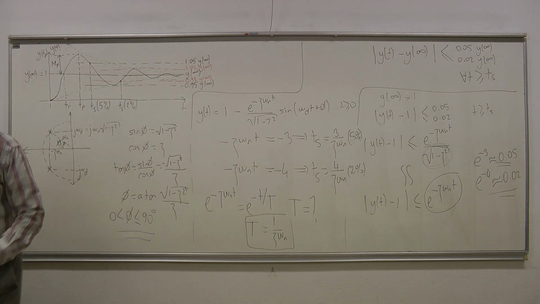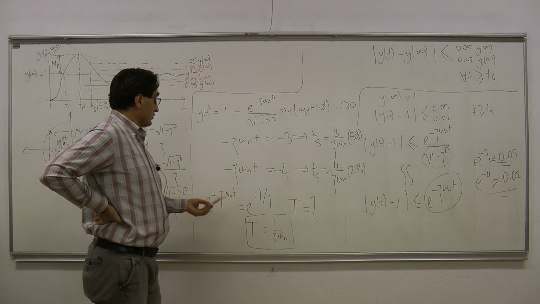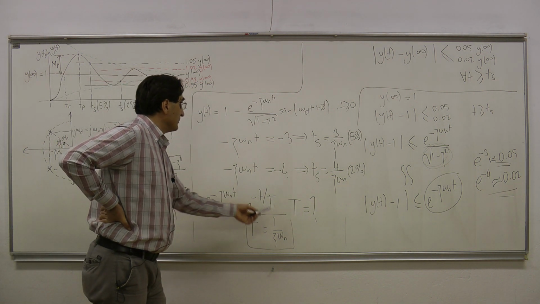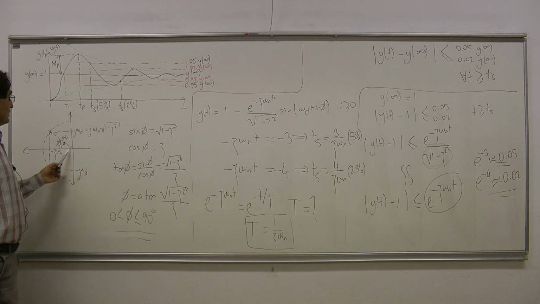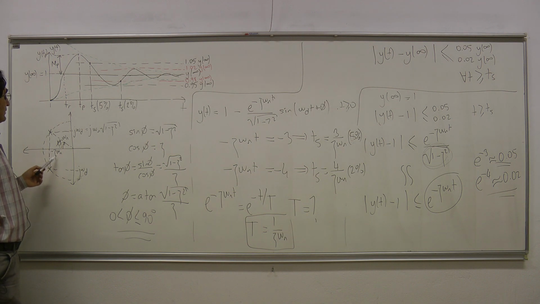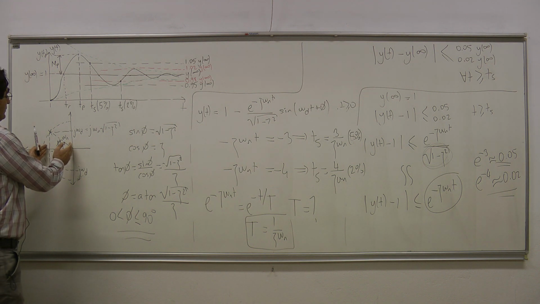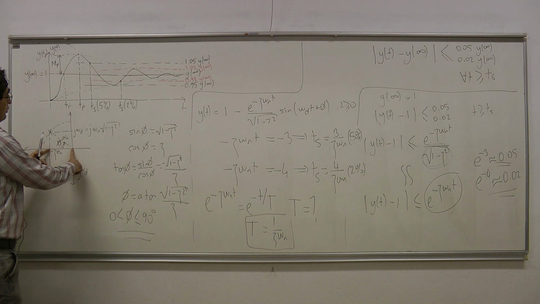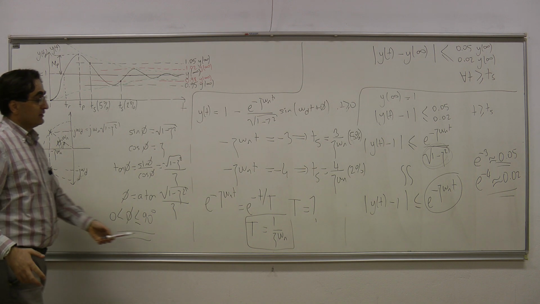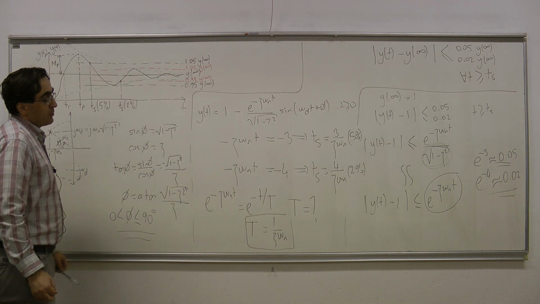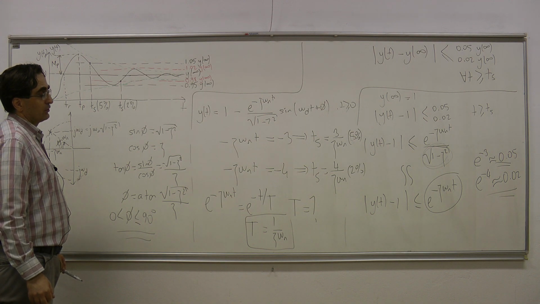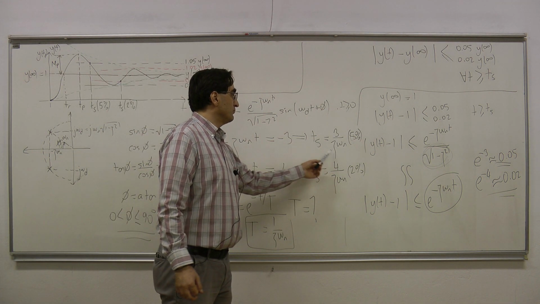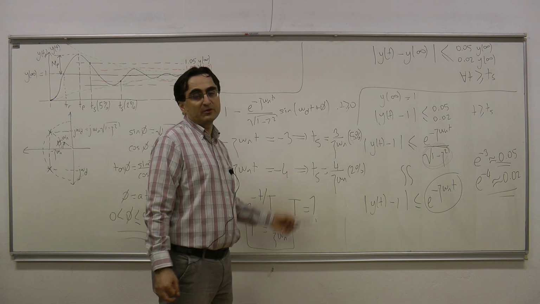So the thing that I'm going to mention is that the time constant is related to the real part of the poles. We see that the real part of the poles is minus psi omega n. Therefore, if this distance of the poles from the imaginary axis is large, then the time constant is going to be small, and we are going to have faster convergence. When psi omega n is large, settling time is small.